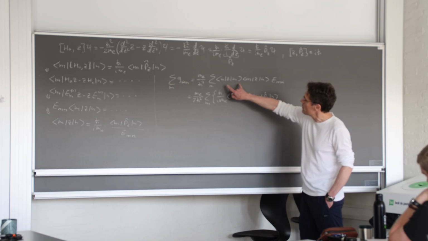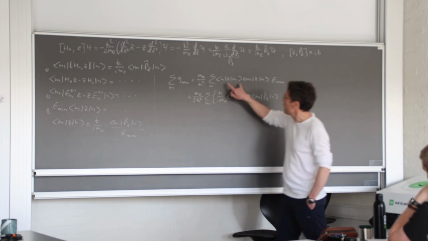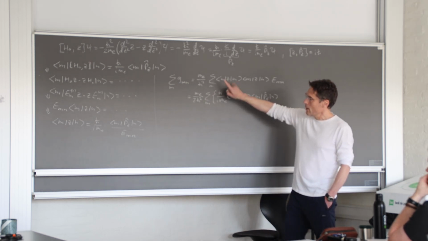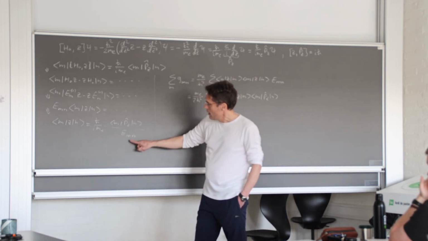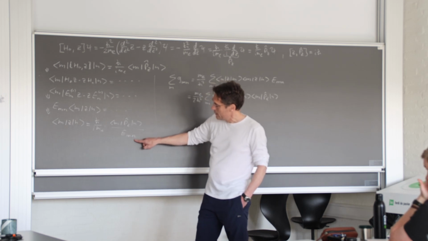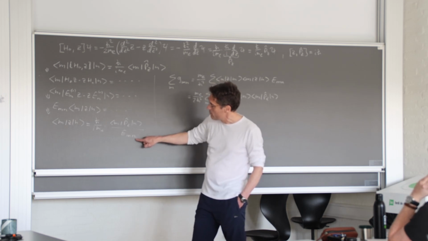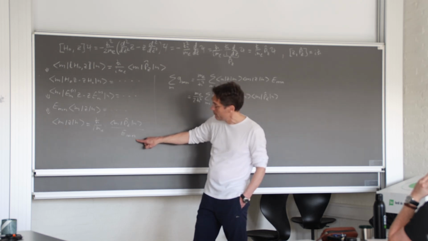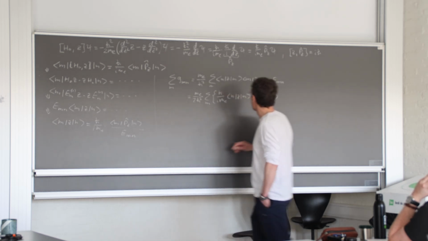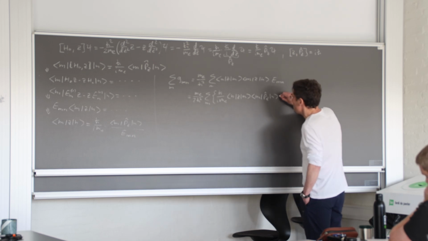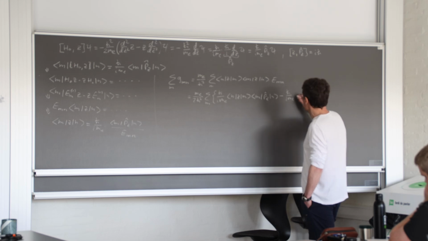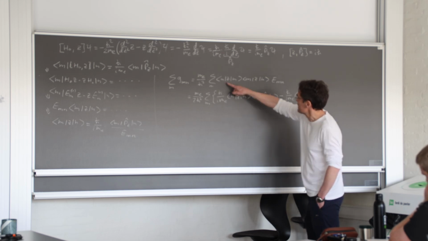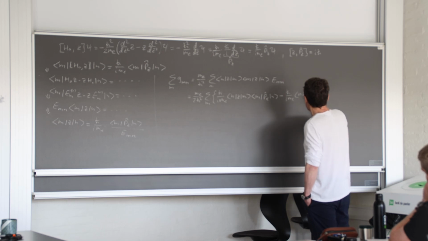But I could also use this relation for that part over here. Obviously, if I interchange n and m here, I get n and m here, and then I get Enm in the denominator, but that's just going to give me a minus compared to Emn. So if I do that, I get a minus, again, h bar over i m e, and then this is the term I replace, so now I get n p z m.